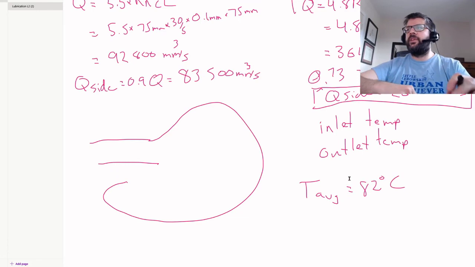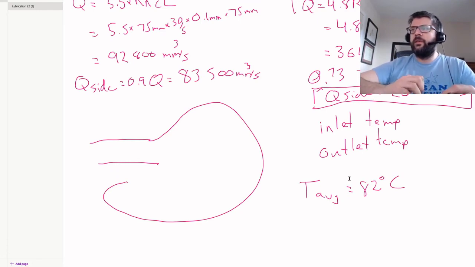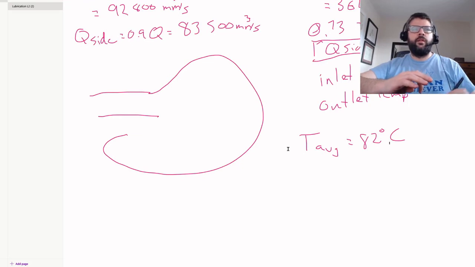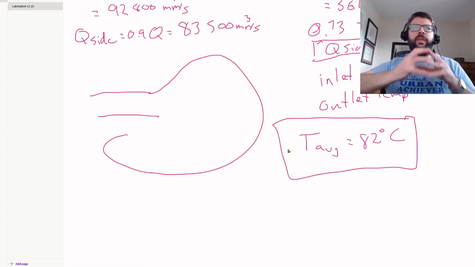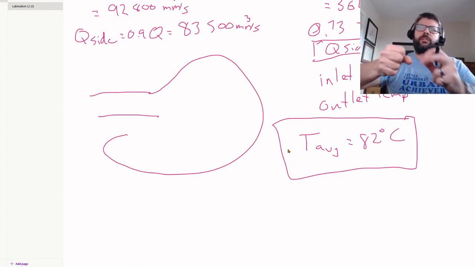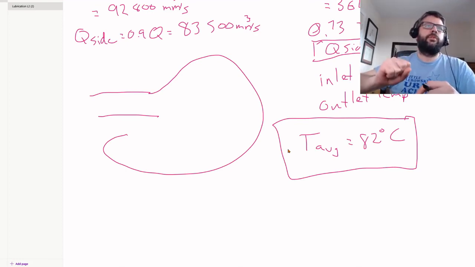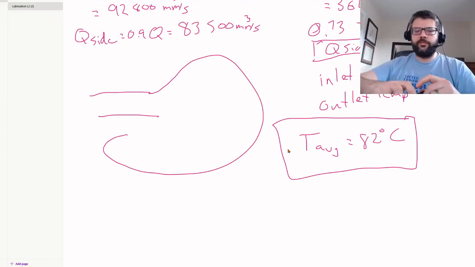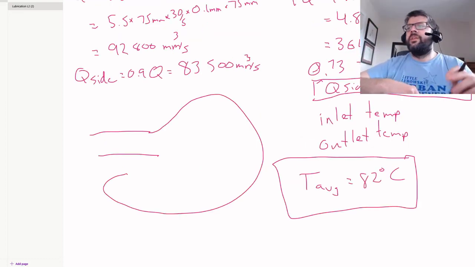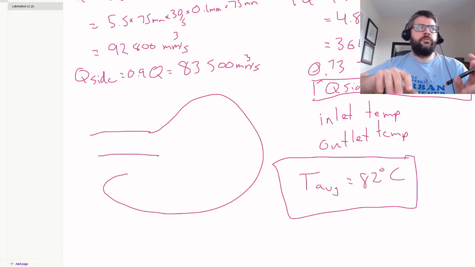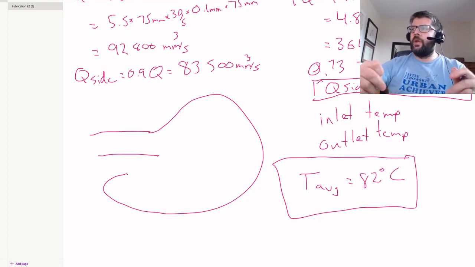That is basically the average temperature of the mixed portion of the recirculated oil and the stuff that had been cooled, and then the outlet for everything. So if all of the actual removal of heat from the bearing is done by the side flow, then we can use that to calculate the temperature change between the inlet and the outlet.